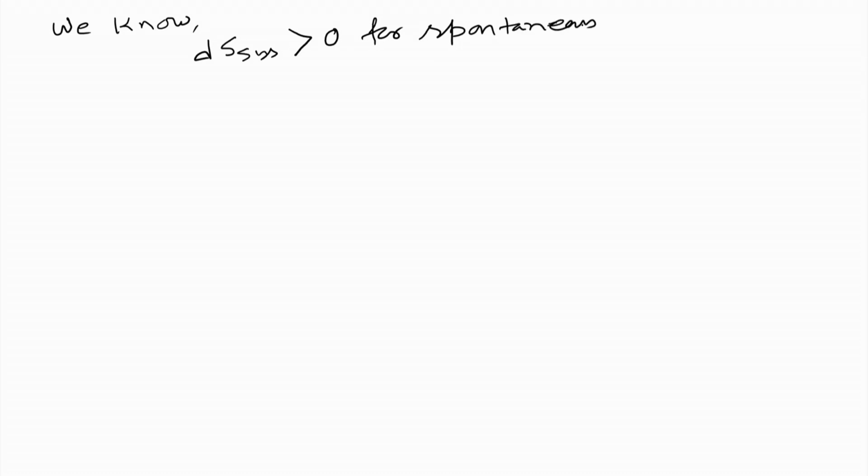Now, we will move to something else. Okay. So, what have we discussed so far? We know that dS system is greater than 0 for a spontaneous process, right. But this is applicable for an isolated system only.